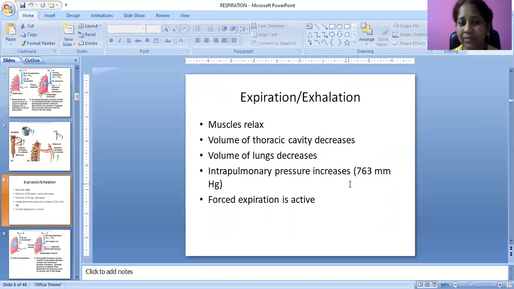In inspiration, intrapulmonary pressure decreases. In expiration, intrapulmonary pressure increases. Forced expiration is active.